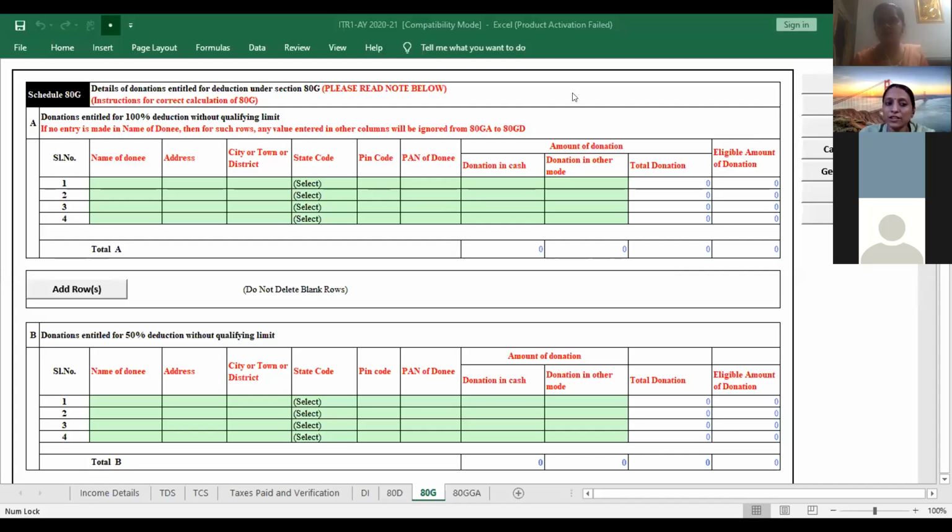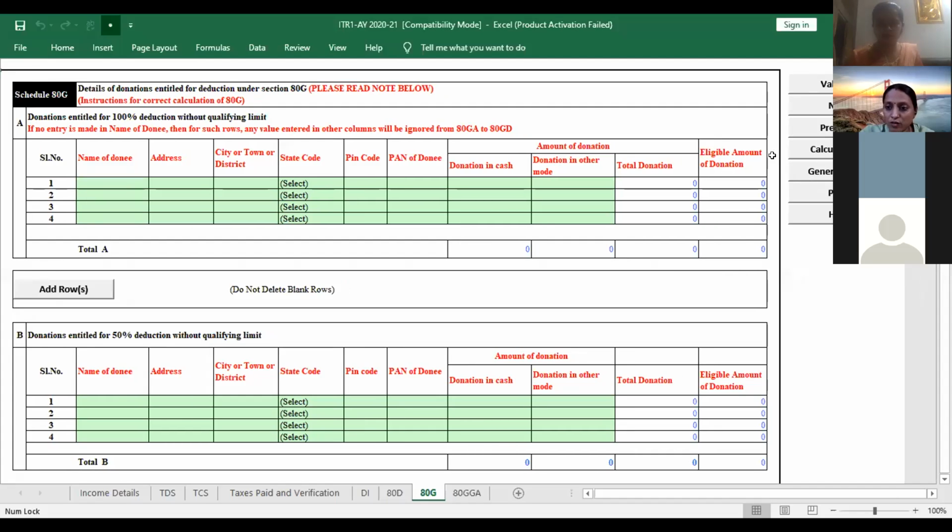In this particular case, say for example, we have validate and generate XML. I hope that is visible.